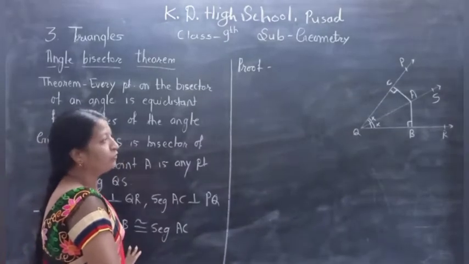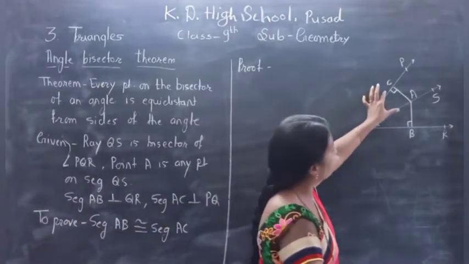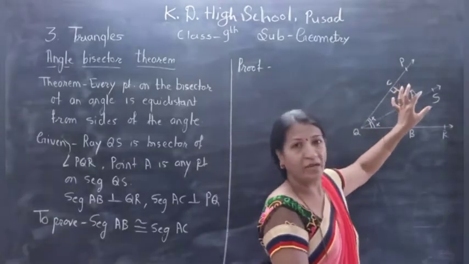Now we have to prove that AC congruent to AB. आपल्याला काय सिद्ध करायचं आहे? हा AC आणि AB इक्वल लेंथचे हे प्रूव्ह करायचं आहे.